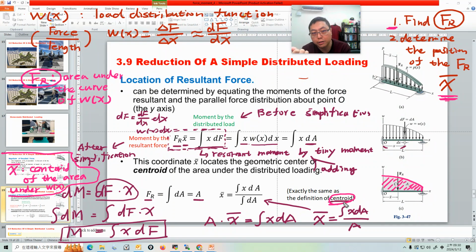In typical situations, the centroid is just equal to the position of the center of mass, so they are very similar. Centroid in Chinese is 形状的中心. We'll talk about the centroid in the next video, and after that we go back to the example of the distributed loading problems.